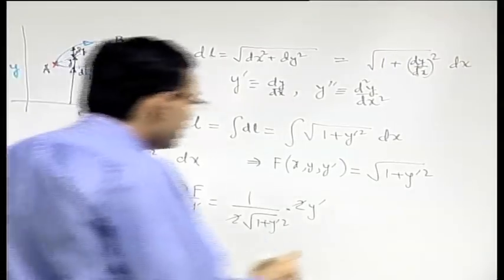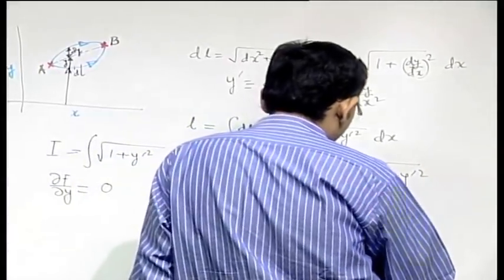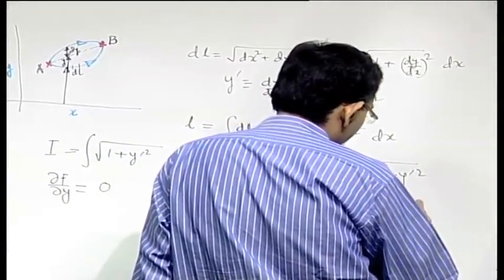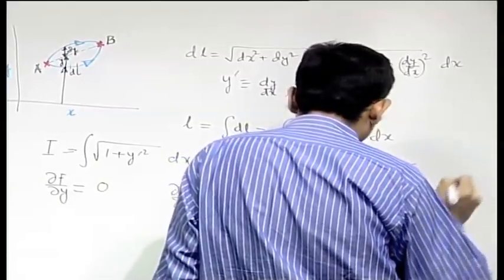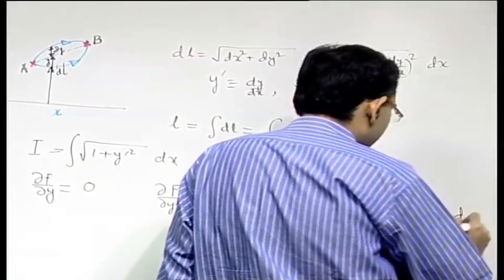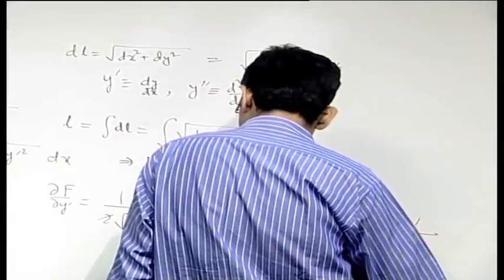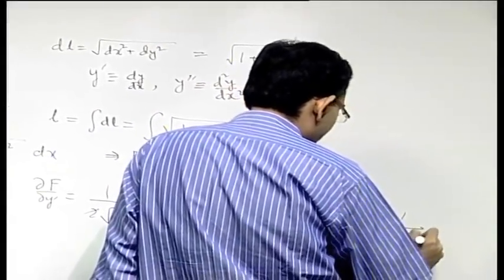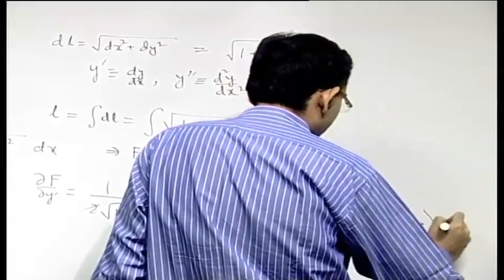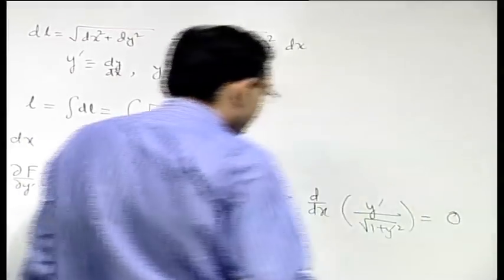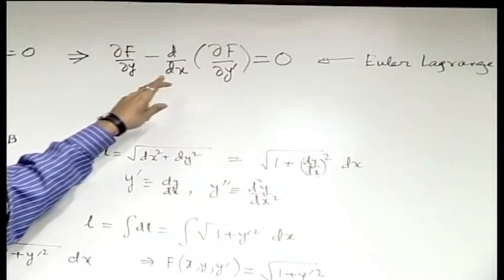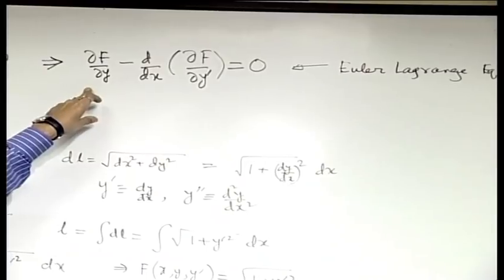and essentially the Euler-Lagrange equation for this case will imply that you have d dx of y prime by square root of 1 plus y prime square is equal to 0, because the second term is only there, the first term is trivially 0.